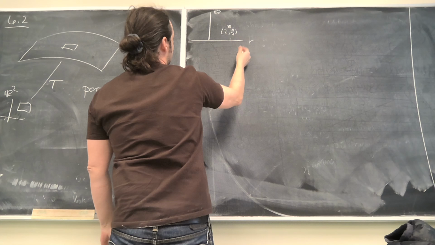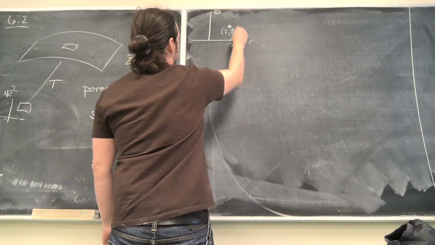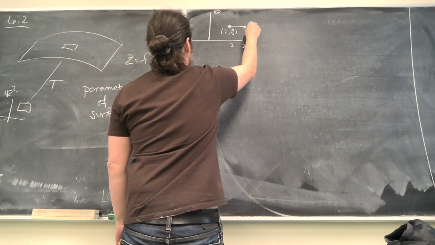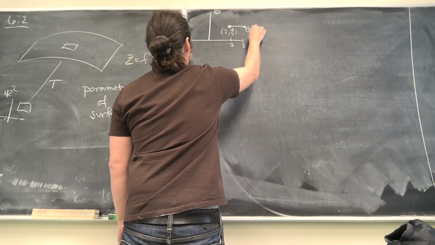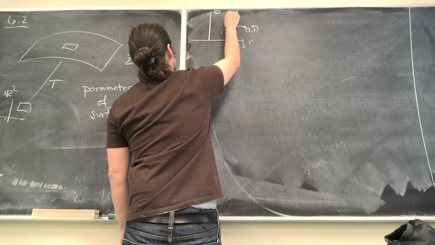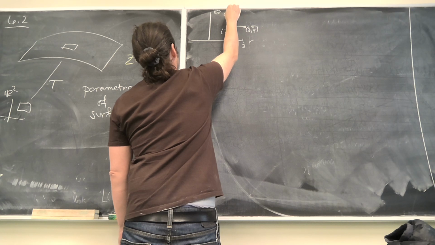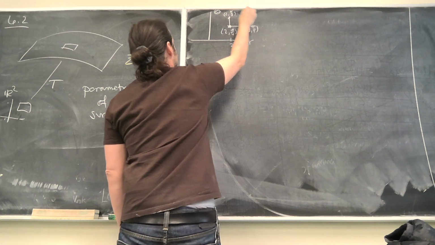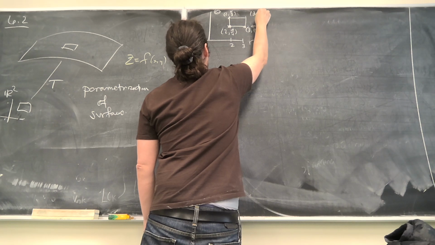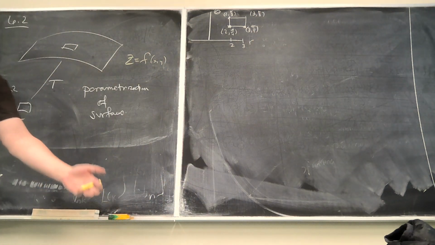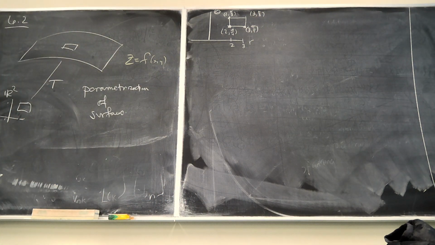In the r direction, I'm going to allow myself to go from 2 to 3, so I'm going to make a little rectangle. So this is 3 comma pi over 4. If I go this direction, I'm going to put this corner at 2 comma pi over 3, and this corner will be at 3 comma pi over 3. You'll agree with me that's a little tiny rectangle in the r theta plane.